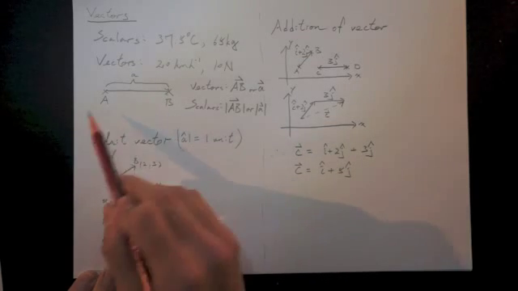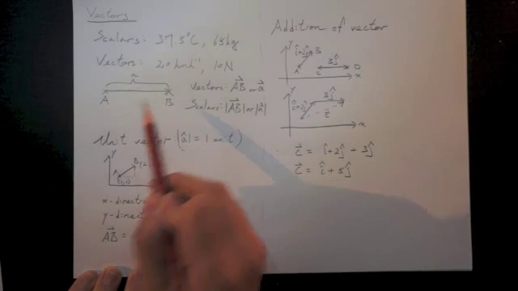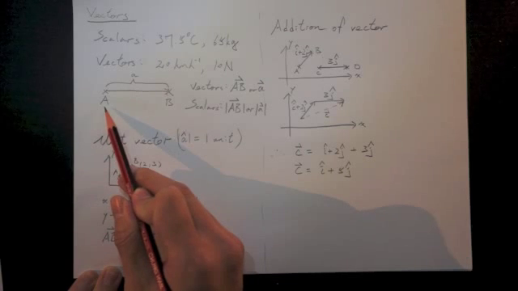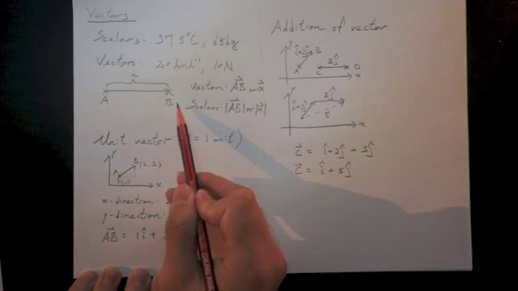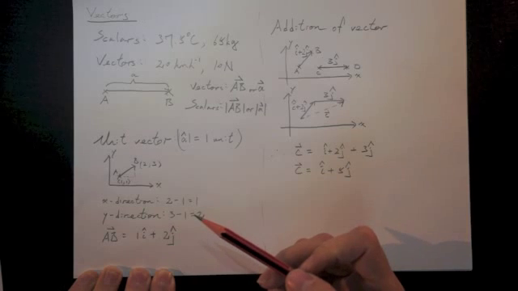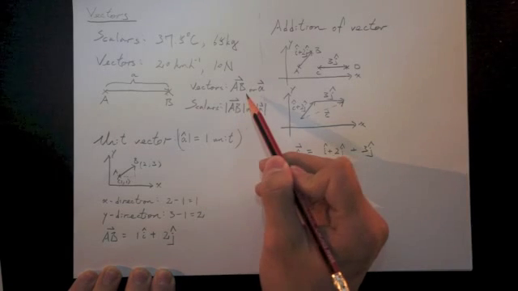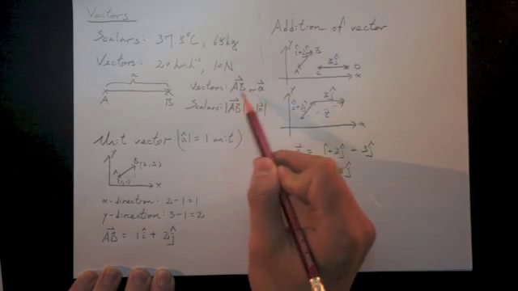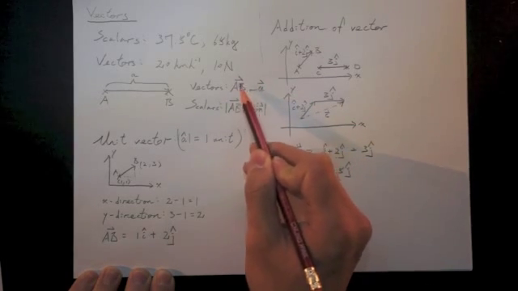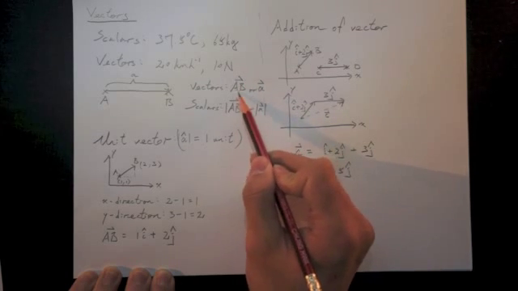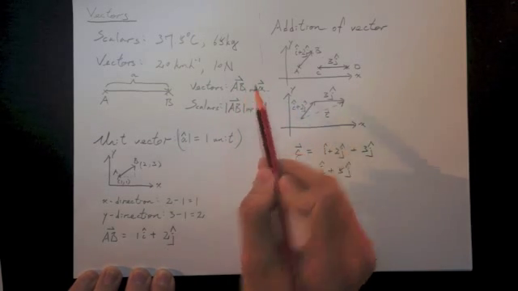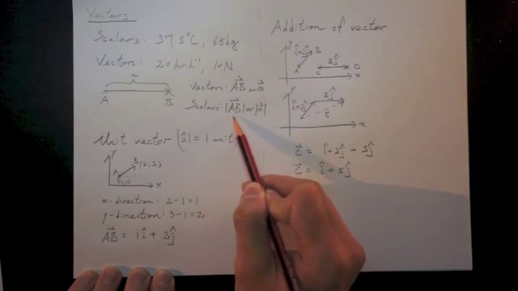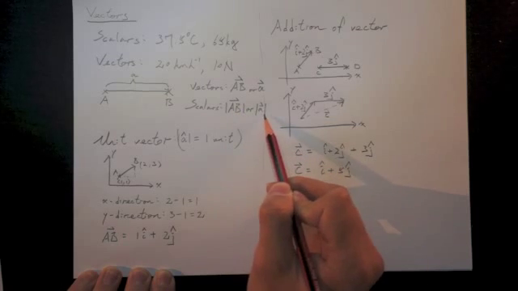For example, the figure shows a vector from an initial point A to a terminal point B. The vector is denoted by AB or A, with an arrow on this symbol, and its magnitude can be represented by the absolute value of this AB vector or A vector.